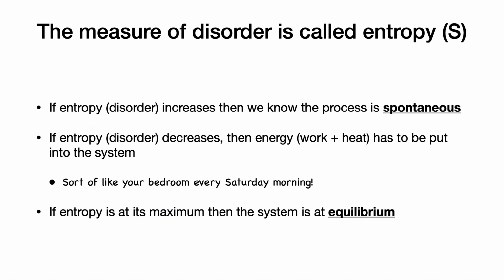Now, we say if entropy is at its maximum, that is, that disorder is at its maximum, then the system is at equilibrium. So when we think about the beakers with the different molecules in them, we had maximum disorder or maximum entropy at equilibrium, when those two molecules were uniformly mixed throughout the beaker.